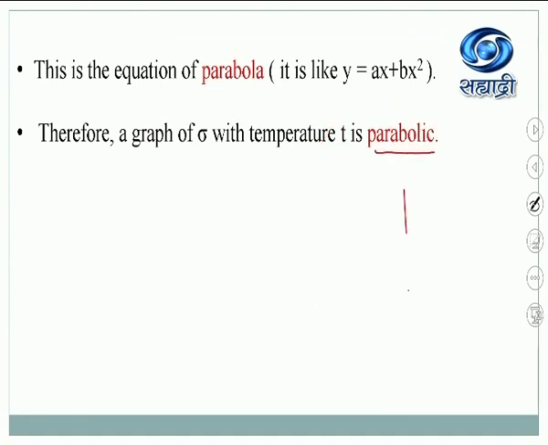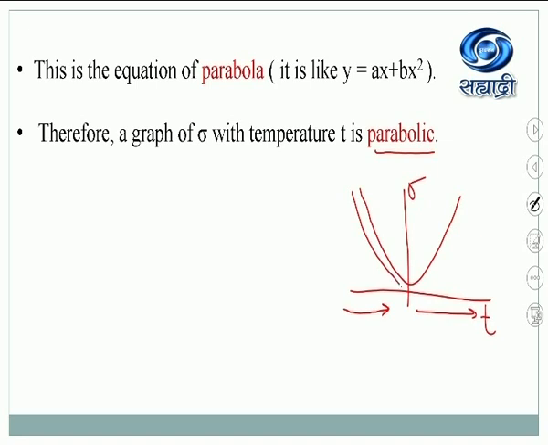That means how it varies. Suppose this is the nature. This indicates that as we change the value of t from negative to positive, see this is sigma, this is t, then this sigma, that is thermo EMF, decreases. Say this becomes 0 here, for example, at t equal to 0, then it increases like this.